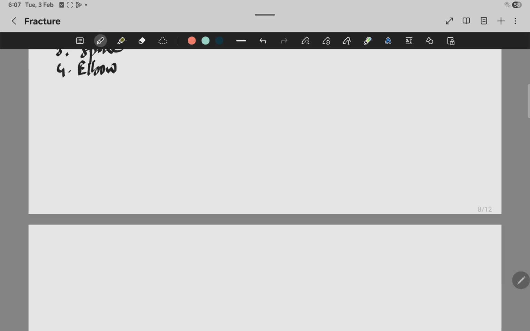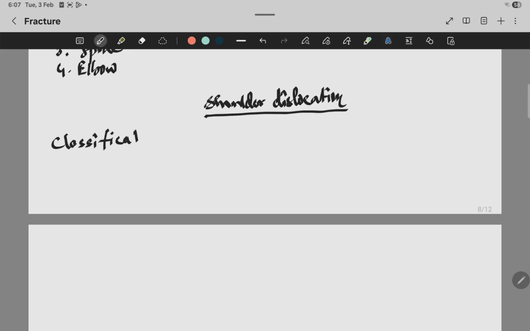Here we'll study the classification of shoulder dislocation.